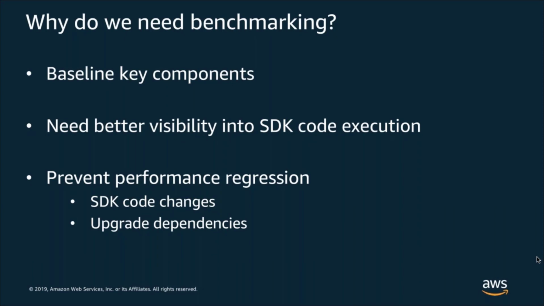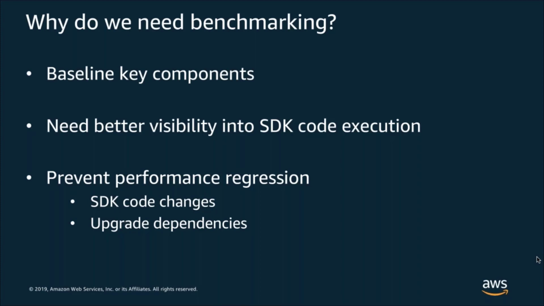With the baseline data, we can continuously monitor the performance to ensure we provide consistent performance to the customers. In addition, to provide low latency, high throughput performance in the SDK, we need better visibility into the SDK code execution to identify potential bottlenecks and improve them.